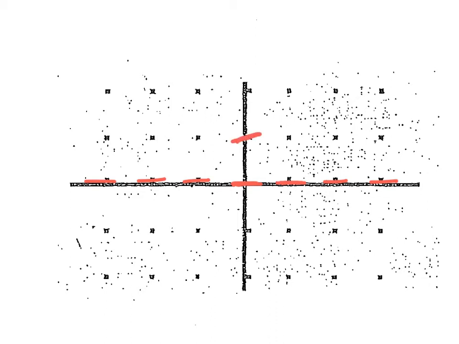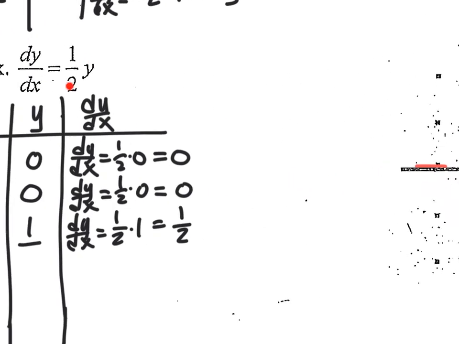It's not going to be that steep, okay? And the pattern continues. And the pattern is that if I have a y value of 1, and if I plug it into my differential equation here, then I'm going to get a slope of 1/2, okay? And so I'm just going to go ahead and draw in this little slope of 1/2 at each of these points here, here, here, and here, okay?